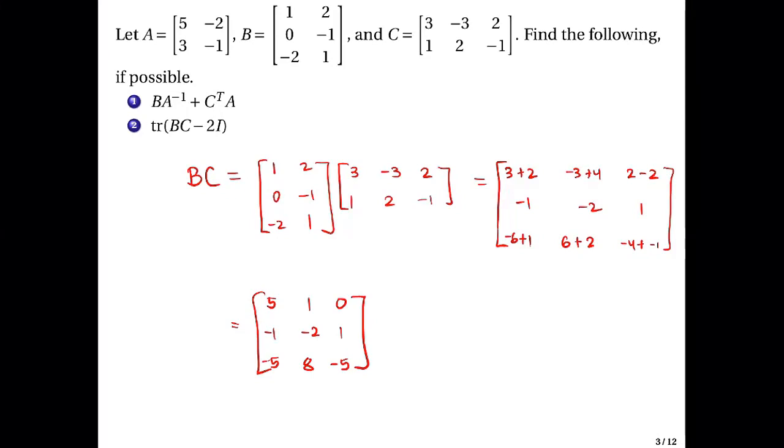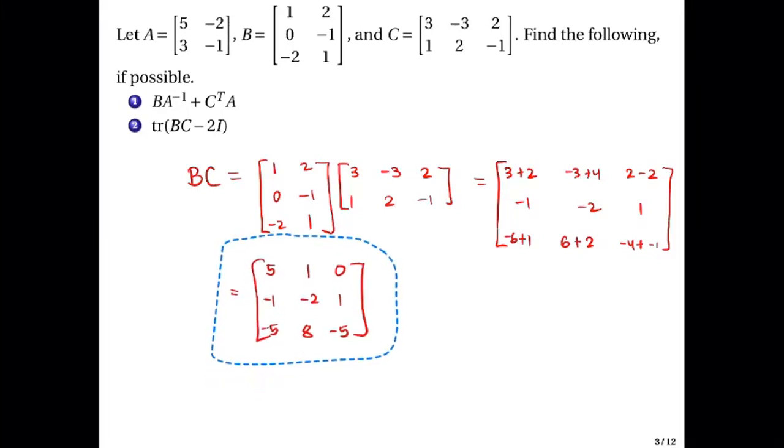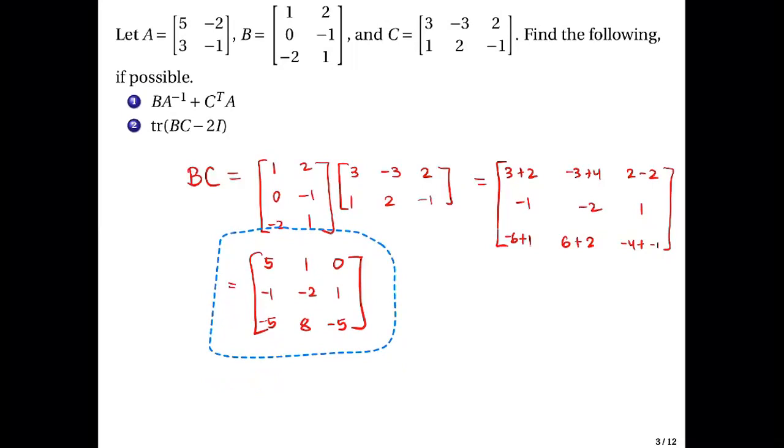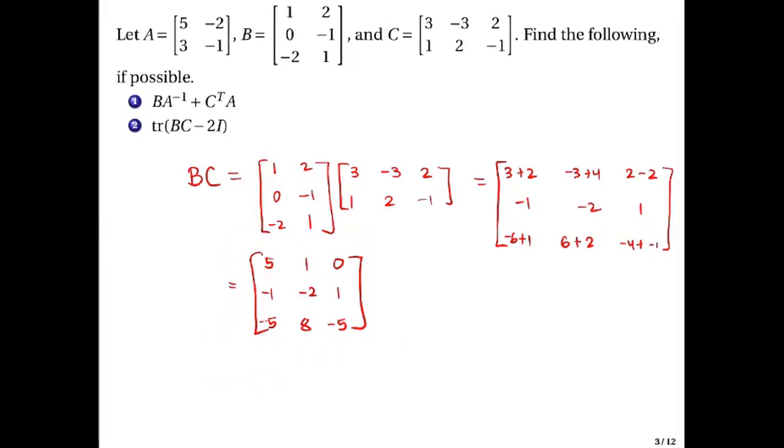Okay? And then we subtract 2I. So we have a 3 by 3 matrix in here. So if we get the identity, it's just 2I. So we have here the trace of BC minus 2I. So this is equal to the trace.